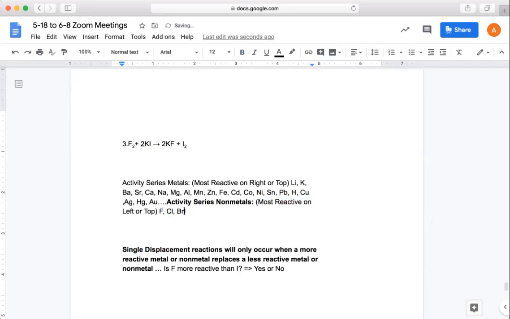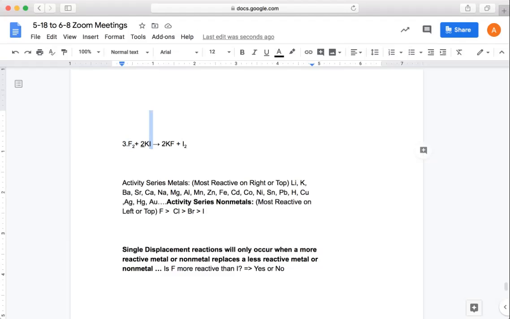So I can rank these according to reactivity in this manner. The most reactive nonmetal species is on the left. The least reactive nonmetal species is on the right. Here, is F reactive enough to replace I?